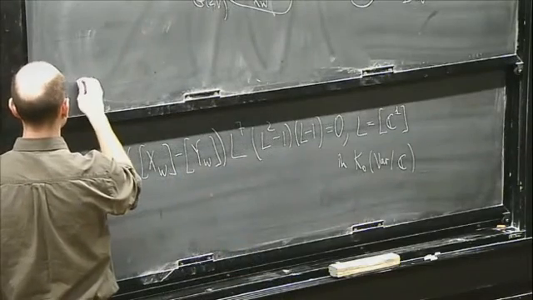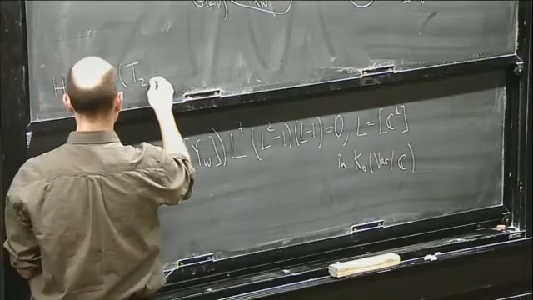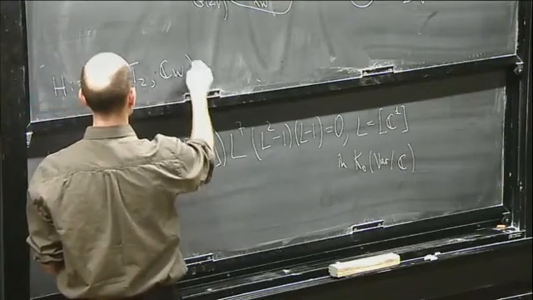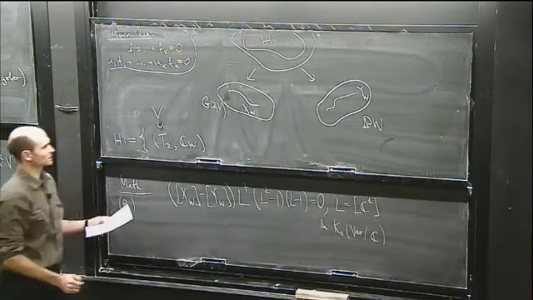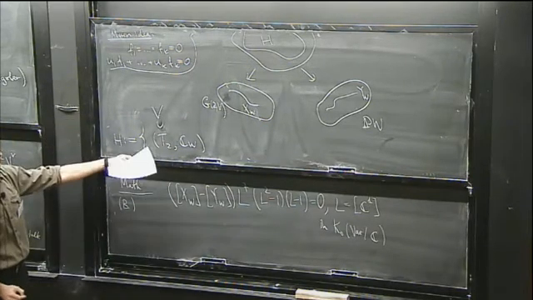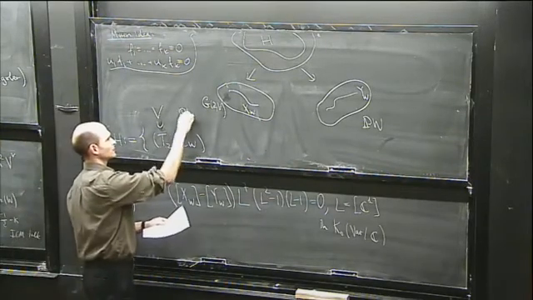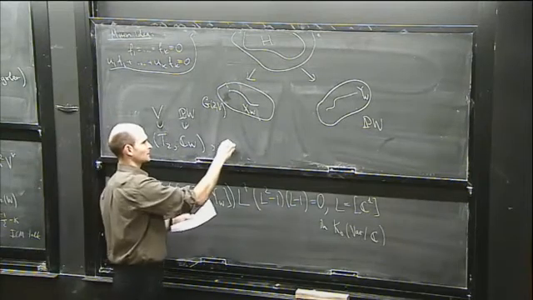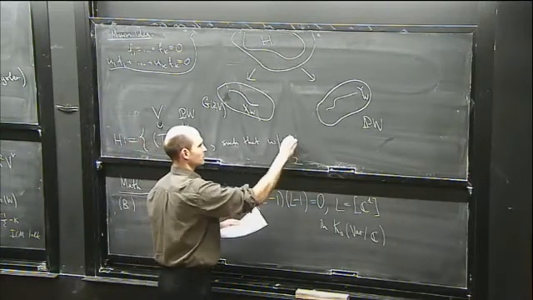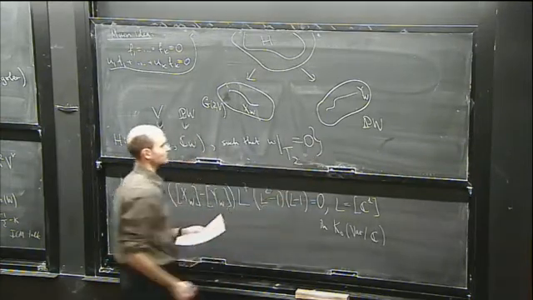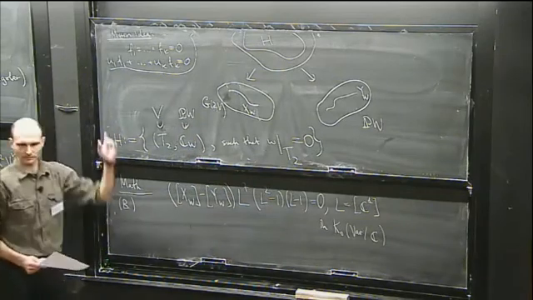So H is the set of pairs T_2 and [w], where T_2 is just a 2-dimensional subspace in V, so just a point in the Grassmannian, and [w] is an element in P_W, such that w restricted to T_2 is equal to 0. So it's just one codimension one condition in the product.